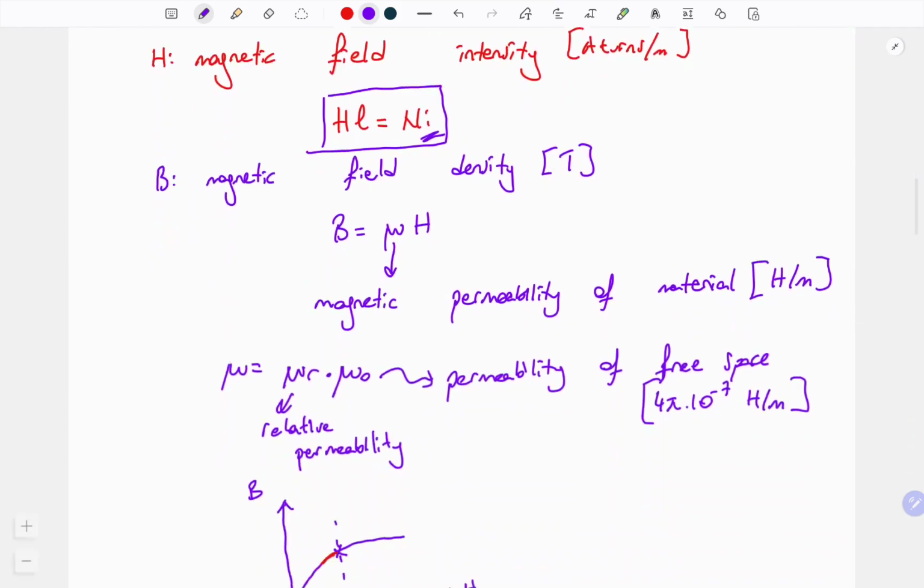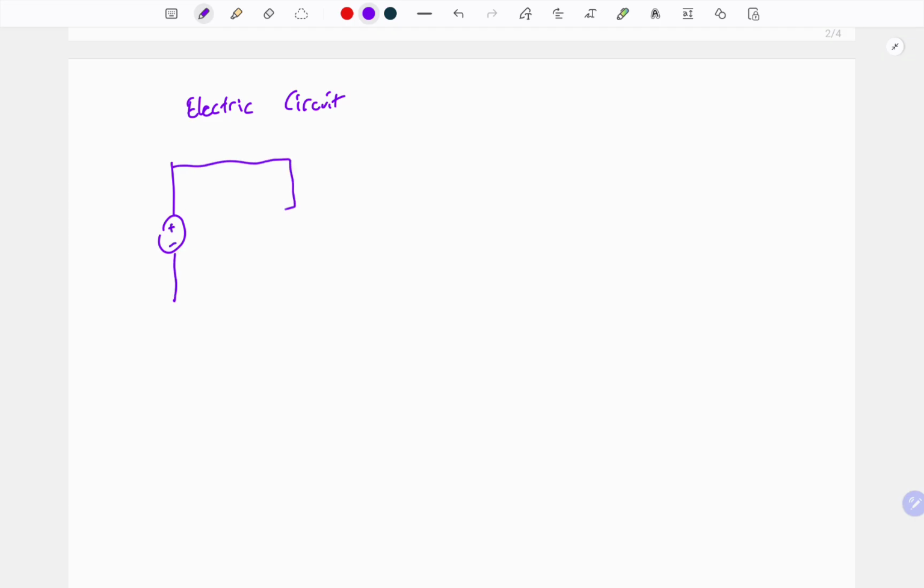So for the magnetic circuit analysis, let's compare the electric circuits and the magnetic circuits. If we remember the electric circuit with similar topology, let's say in a simple circuit, we have one voltage source and one resistance, connected like this.